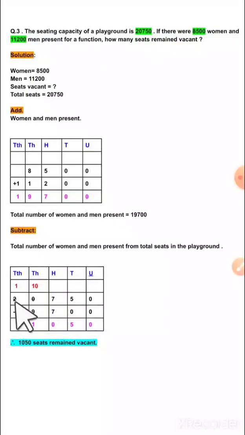Total seats in the playground is 20,750 and the total number of women and men present is 19,700. Now subtract. 0 minus 0, 0, 5 minus 0, 5, 7 minus 7, 0, 0 minus 9 not possible, borrow from the next number. 10, 10 minus 9, 1, 1 minus 1, 0. So the answer is 1,050. Therefore 1,050 seats remained vacant.